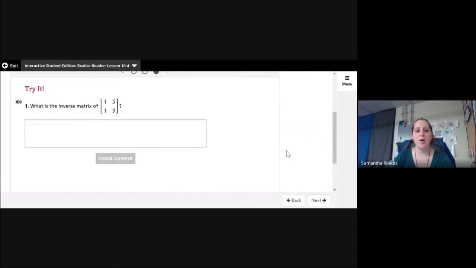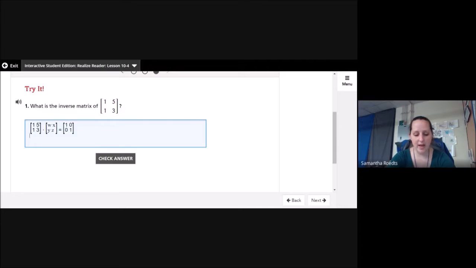All right, so let's try it. What is the inverse matrix of [1, 5; 1, 3]? So I start by writing the system. [1, 5; 1, 3] times W, X, Y, Z equals [1, 0; 0, 1].